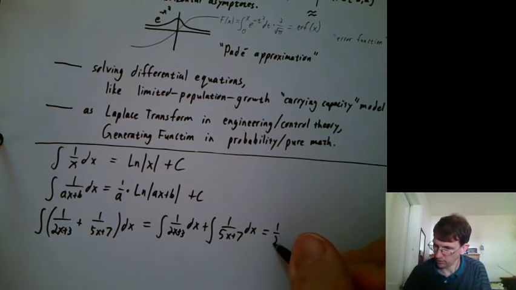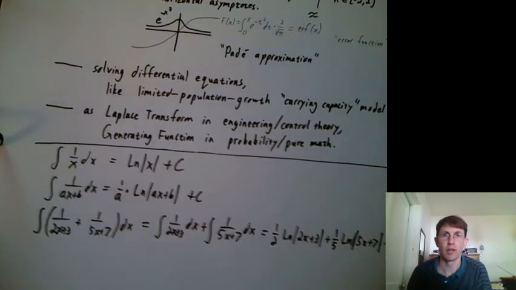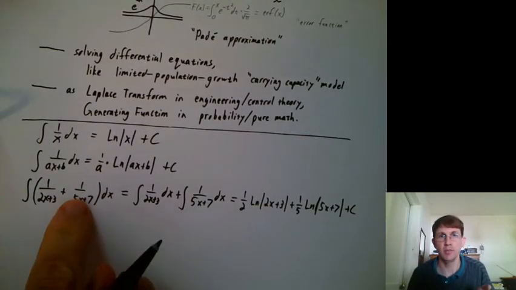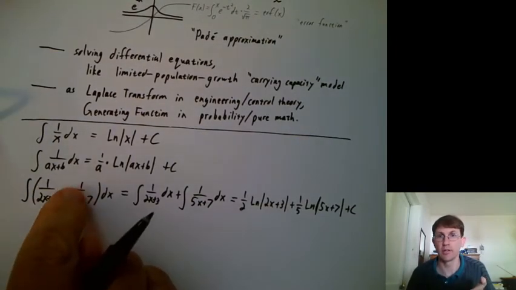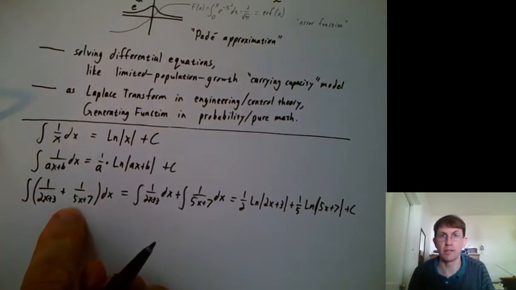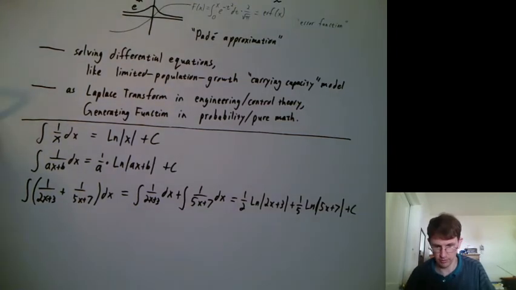So you get 1 over 2 log of 2x plus 3 plus 1 over 5 log of 5x plus 7. So the point here is that if I have a sum of fractions that are like 1 over this plus 1 over that, and it's just a linear term in the bottom, it's really easy to take the antiderivative. So the wrinkle comes in next.